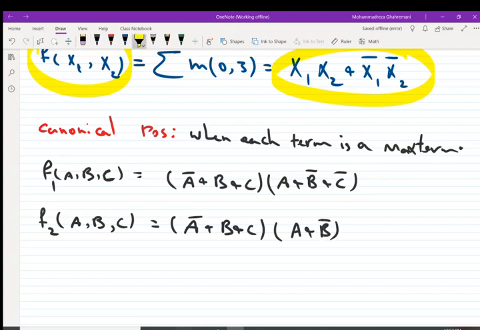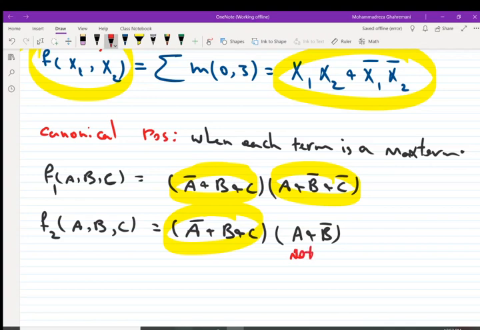If we look at these two functions, we see that for f1, both sums are Maxterms, but for the second function, the first term is a Maxterm, but the second term is not a Maxterm. How do we know it's not a Maxterm? Because it doesn't include all the variables. So we can say this one is canonical form, this one is not canonical form.